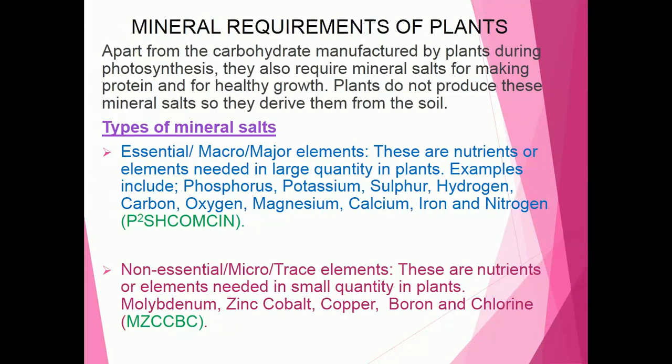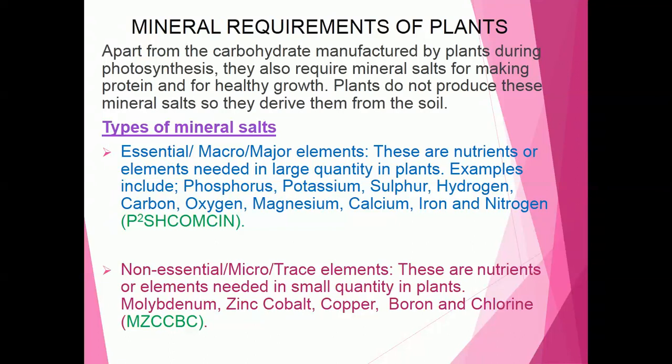We have the one we call essential nutrient, macronutrient, or major element. These are nutrients or elements needed in large quantity in plants. Examples include phosphorus, potassium, sulfur, hydrogen, carbon, oxygen, magnesium, calcium, iron, and nitrogen.